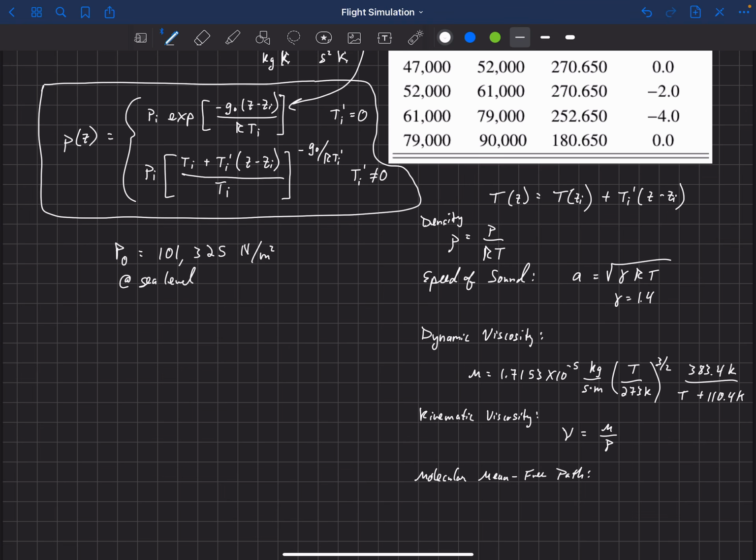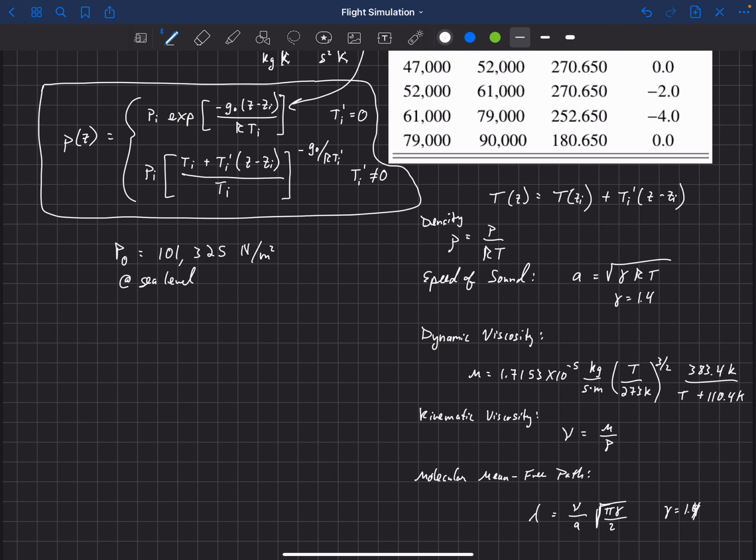And we usually use the symbol lambda for that, and that is equal to nu, the kinematic viscosity, divided by a, the speed of sound, times the square root of pi gamma over 2. Okay, and again, gamma is that 1.4 constant that we mentioned earlier.